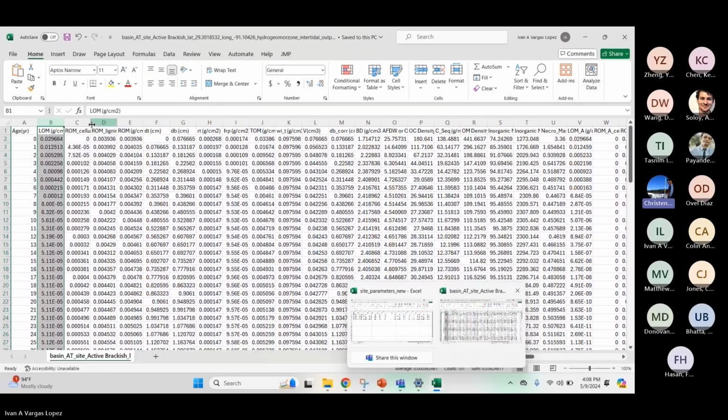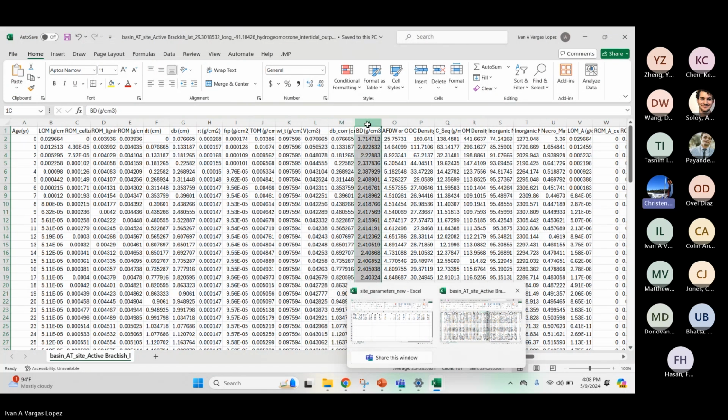So you can look at the cellulose refractory portions and lignin refractory portions for each of the cohorts. And also you can track each cohort's height, I mean each cohort's volume, from here, V in centimeter cubed.